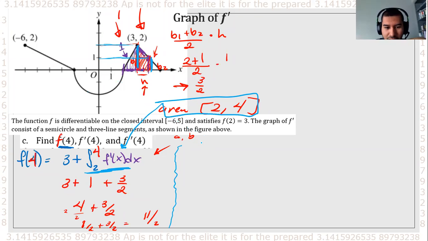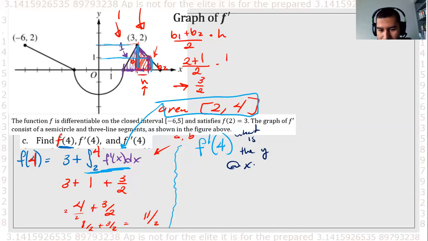The next question is not as bad, guys. It says f prime of 4. This one looks scary, but it really isn't. It's telling you what is the y value at x equals 4 on f prime.